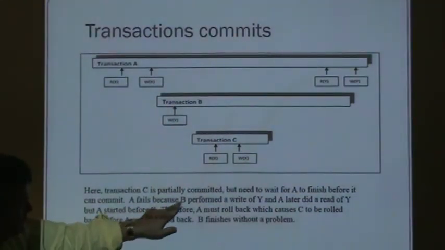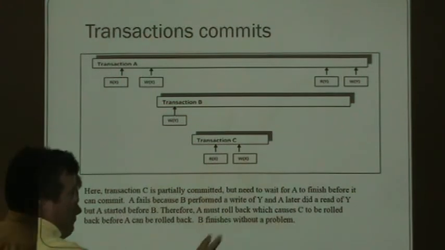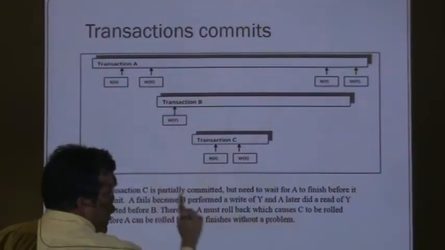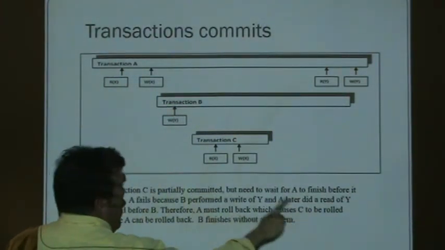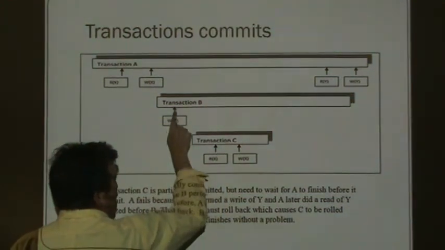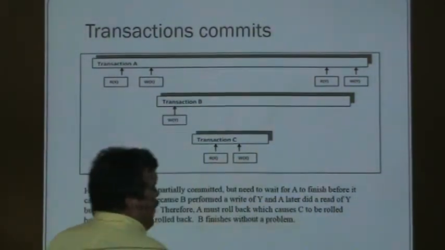A fails because B performed a write of the variable Y, and A later did a read of Y. So this transaction wrote a variable that this one read.